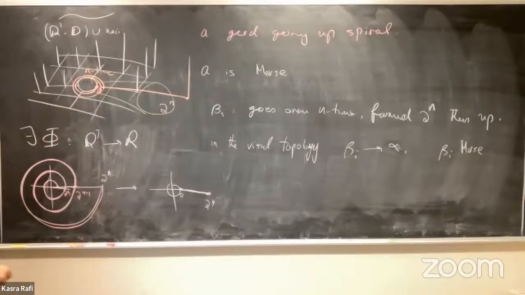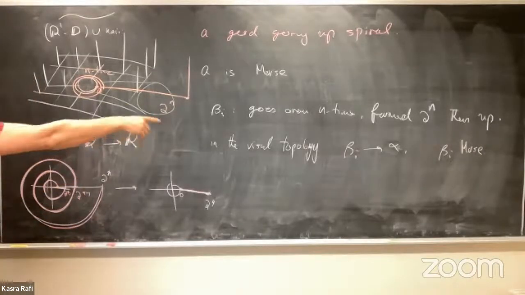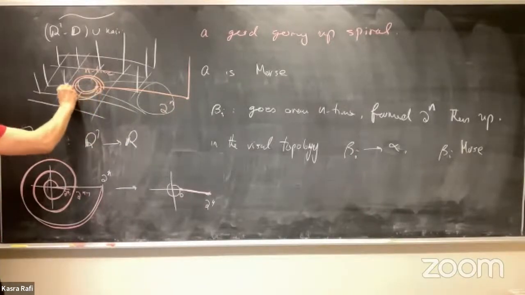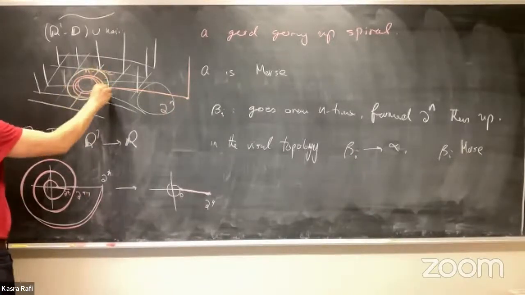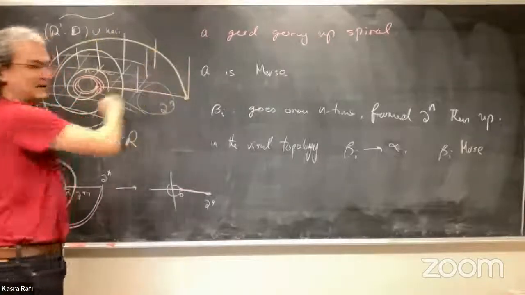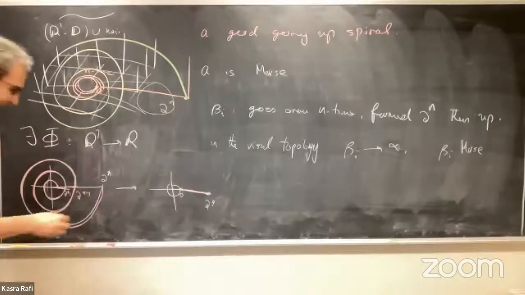The second observation is that I could actually replace this beta i with equally nice quasi-geodesics, which don't go around exactly, but they kind of do the exponential spiral and go over here, right?